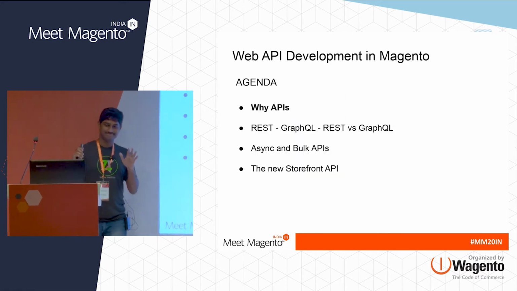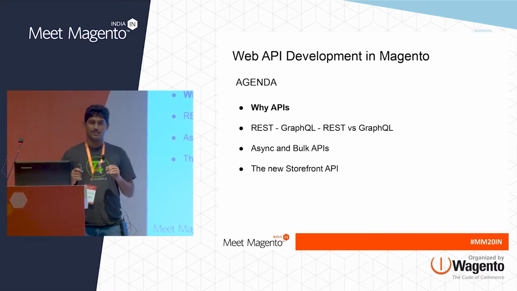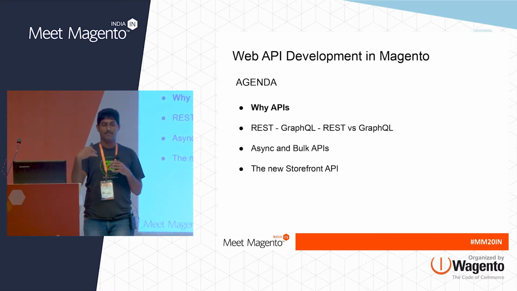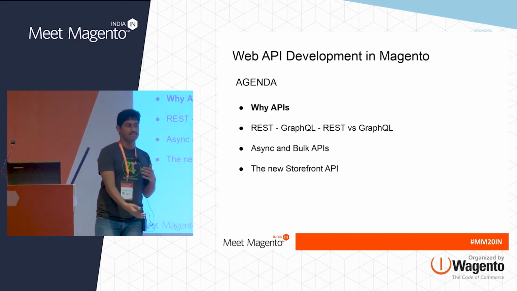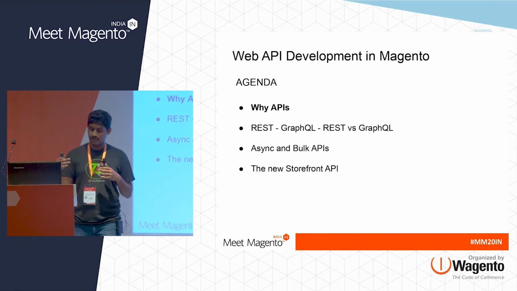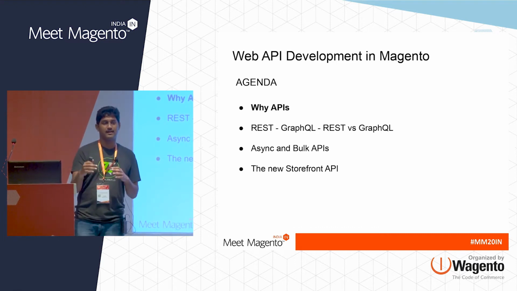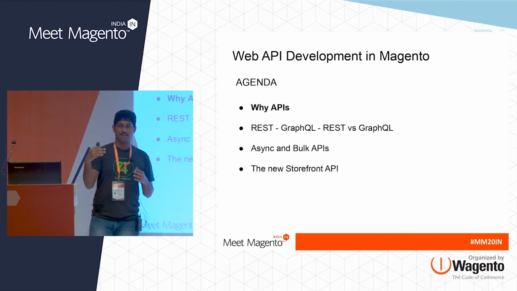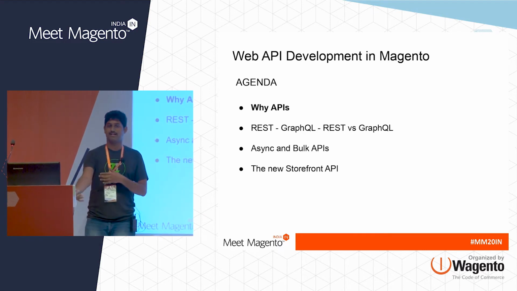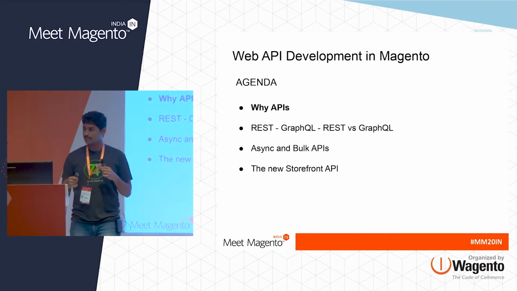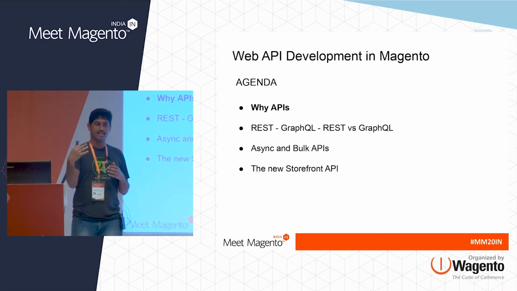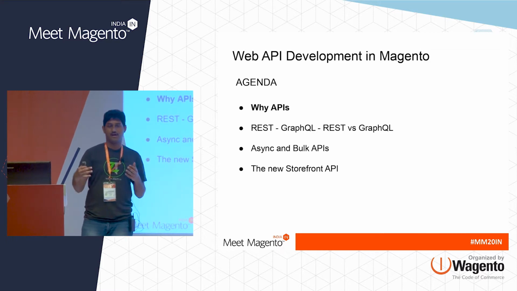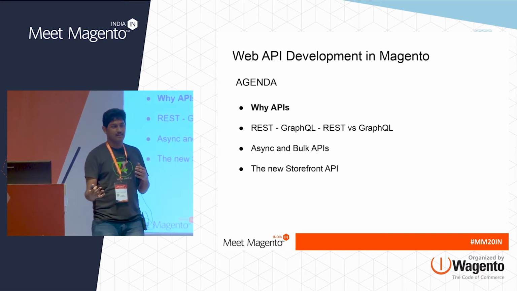Whenever you come to develop APIs, we have to ask the question: why do we need APIs at first? Along with Magento, we have a standard monolith architecture, with a Luma front end and a back end. Whenever we want to change some UI in the front end, we go through a lot of UI components and have to change the theme.